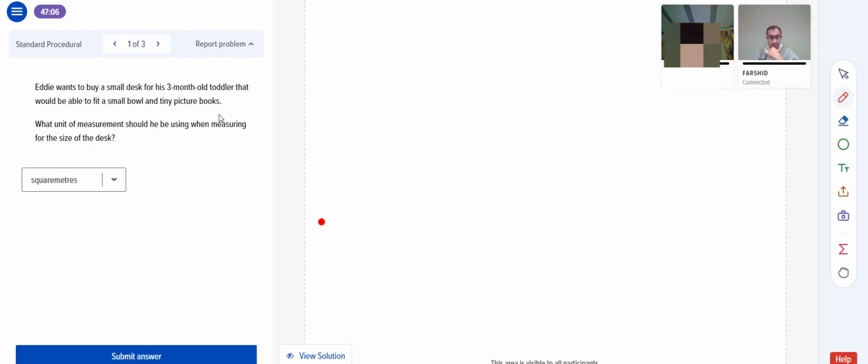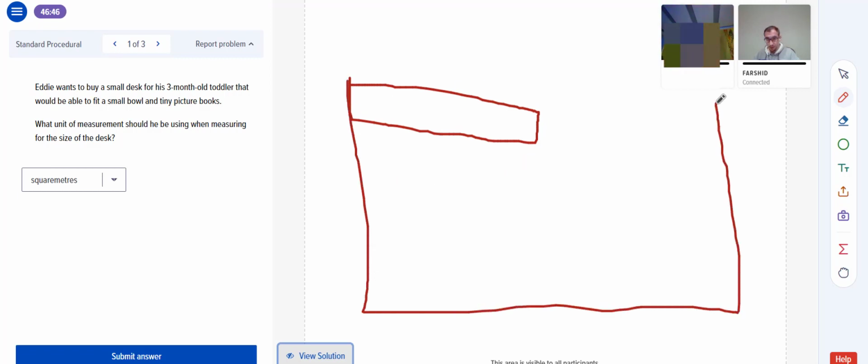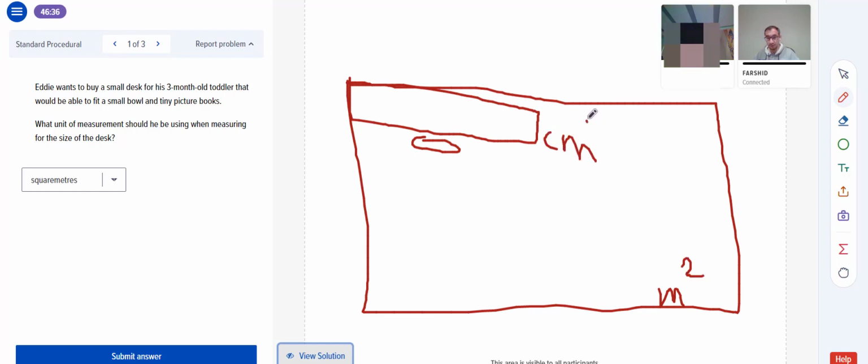The size of the desk is one part of the room, and because it is based on the room, for the room you use a square meter, but for your desk, which is just a small portion of the whole, you use square centimeter.